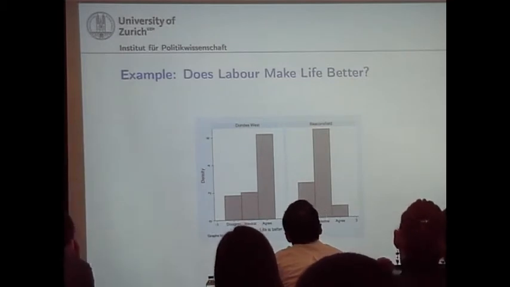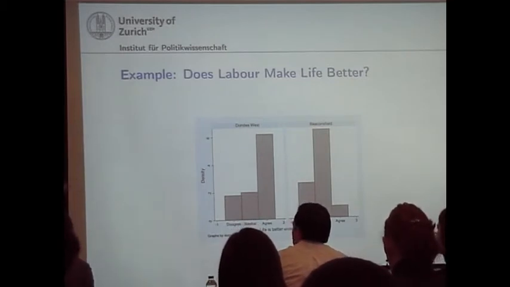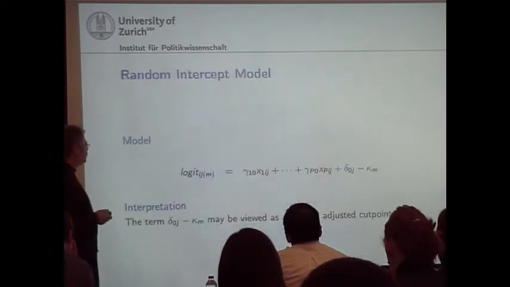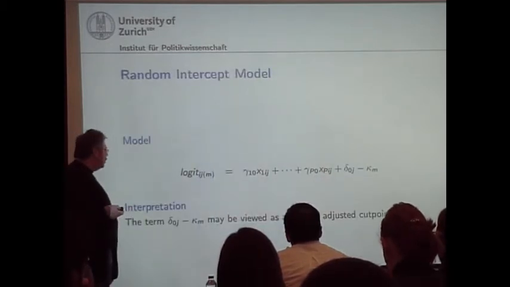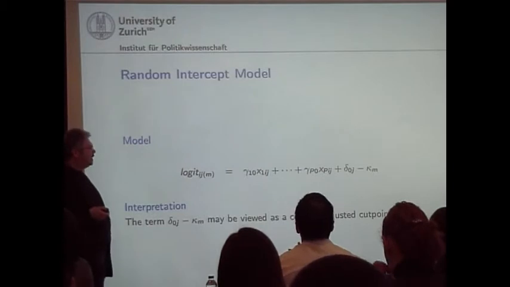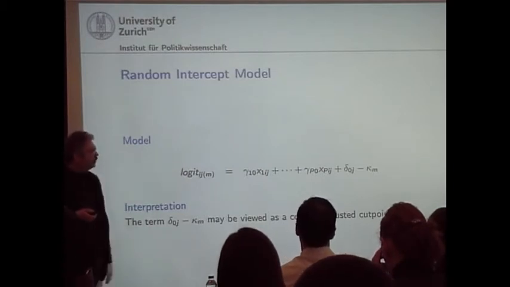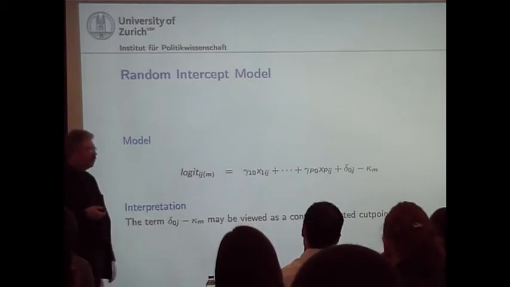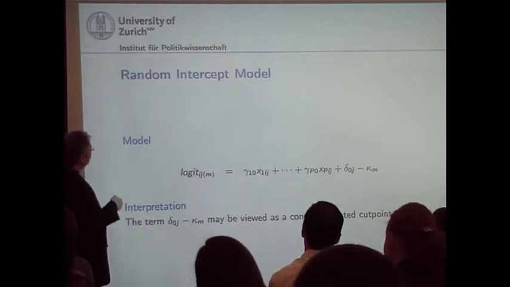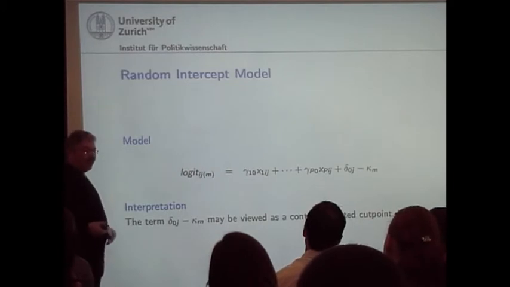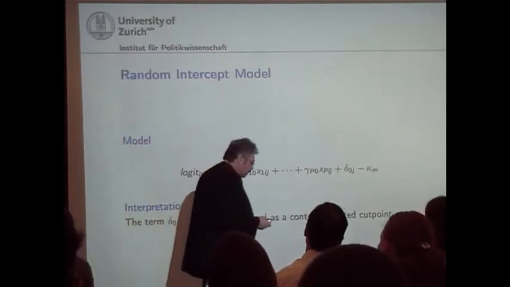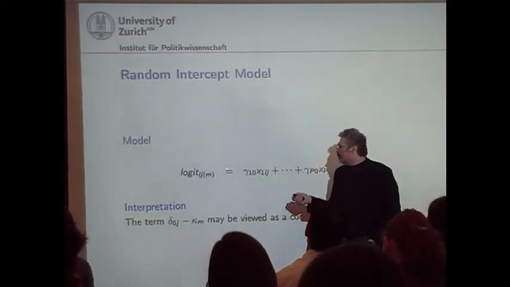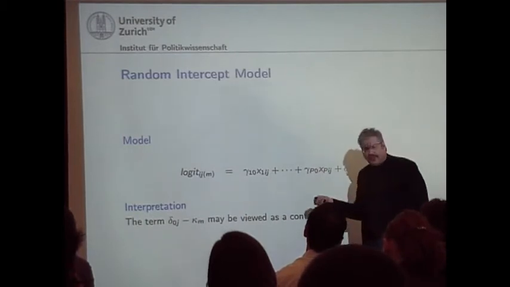I'm actually not going to initially add any predictor variables. What I'm going to do is actually just include a kappa and then a random component. But more generally, if we want to formulate a random intercept model, then of course we could add predictors with fixed effects.